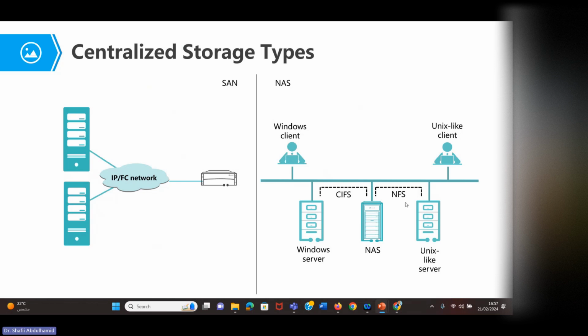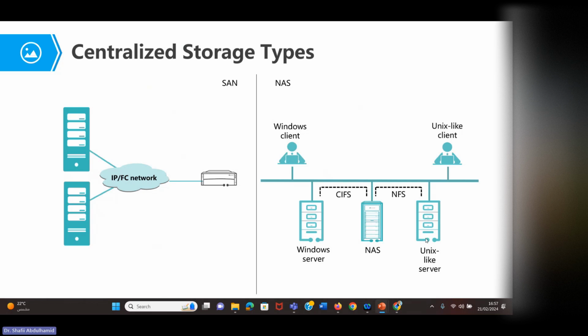And the technology that connects the Unix server with the physical cloud storage space is NFS. Well, for Windows, they use CIFS technology to connect between the Windows server and the NAS device. So these are the two different types of technologies that are used.